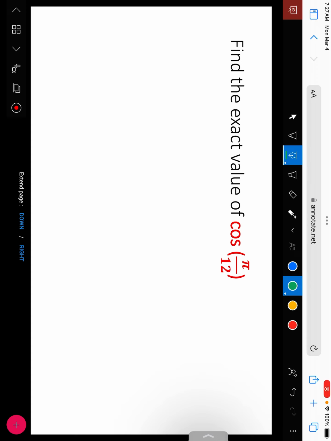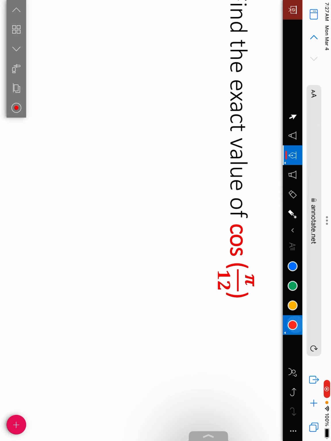All right, we got radians this time. Radians are a little trickier because it's a fraction and we don't like fractions. But 1 over 12 is a really small number, so we will be using a cosine difference. So let's see, you got to figure out what 2 angles we are subtracting to get to 1 over 12.